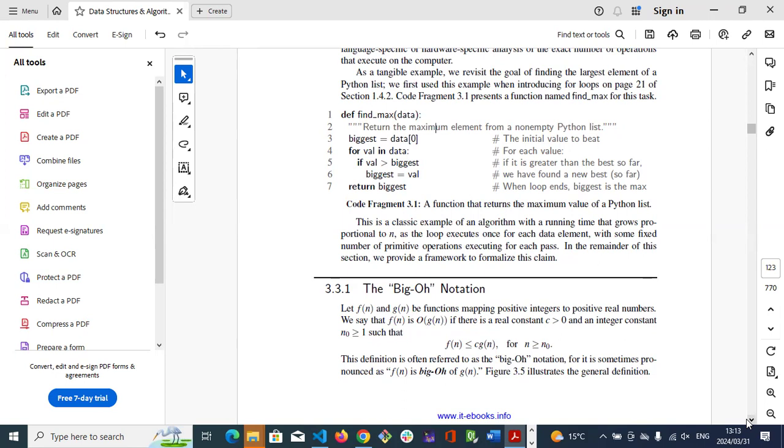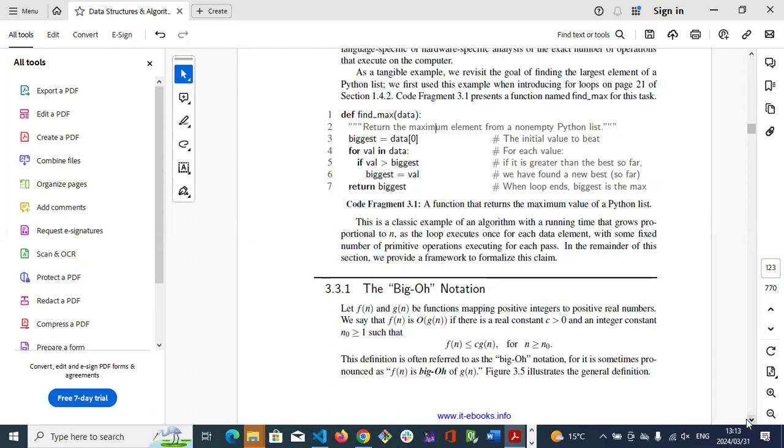The big O notation is a framework of mathematical work that compares f of n and g of n, functions mapping positive integers to positive real numbers. We say that f of n is big O of g of n if there is a real constant c greater than 0 and an integer constant n sub 0 greater than or equal to 1, such that f of n is less than or equal to c times g of n for n greater than or equal to n sub 0.